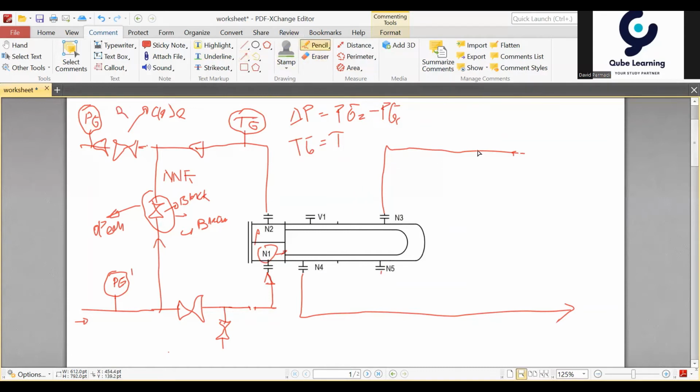So the PG has to be provided on the discharge of the line, because you have to know that there is no clogging inside of your exchanger.